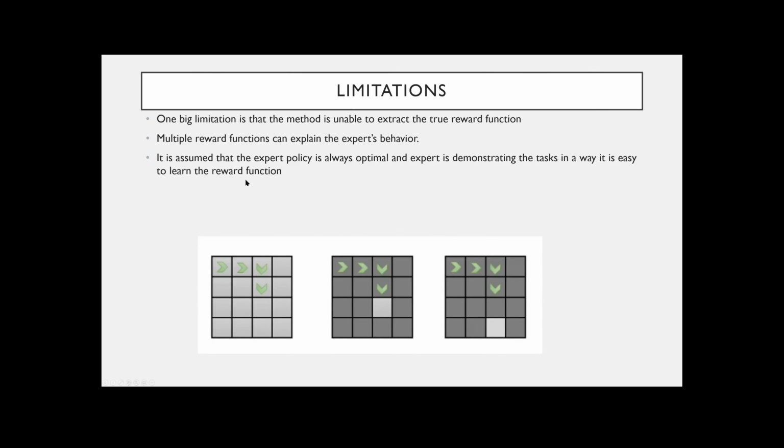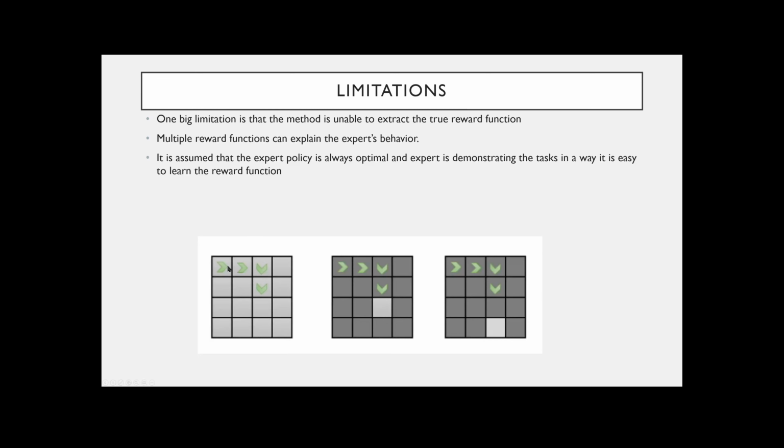The limitation of this method is that it is unable to find the true reward function, because there are multiple reward functions that can explain the expert's behavior. If you look at this grid world, and I have this expert, for instance, taking these 4 steps, this behavior can be explained by either this reward function, the first one or the second one.